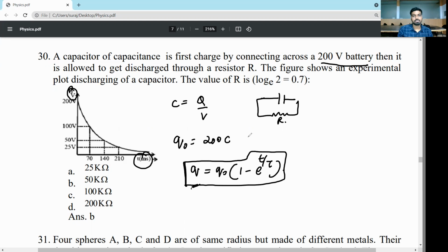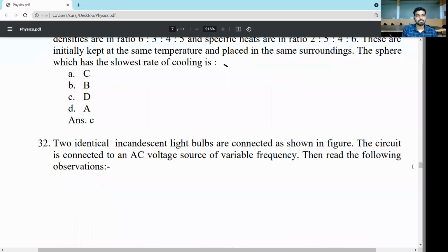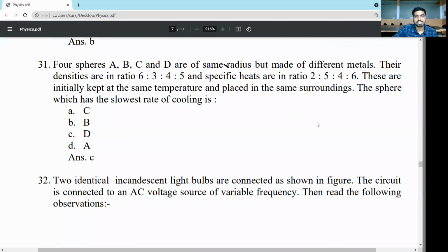Next, coming to question number 31. Four spheres A, B, C, D are of the same radius but made of different metals. Their densities are in the ratio 6:3:4:5, and specific heats are in the ratio 2:5:4:6.